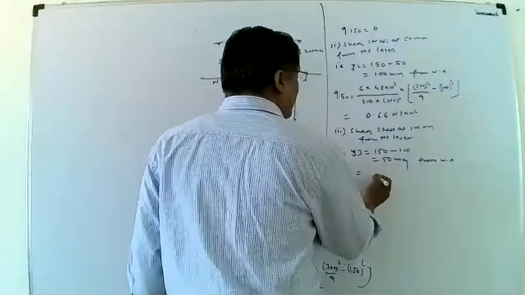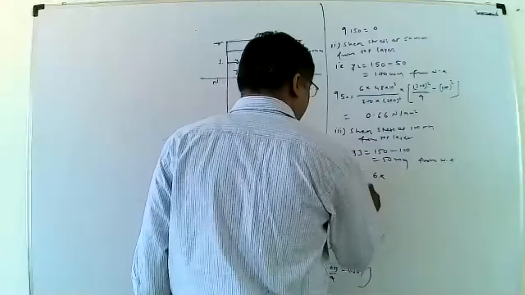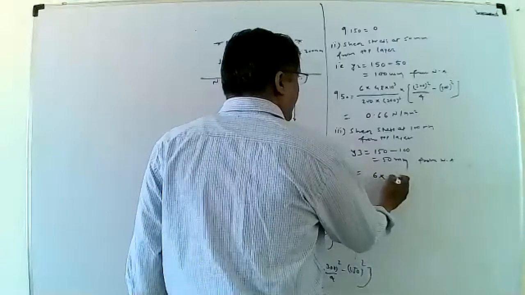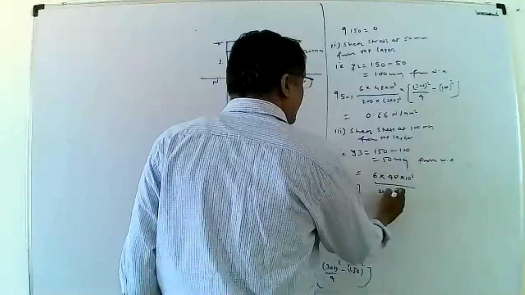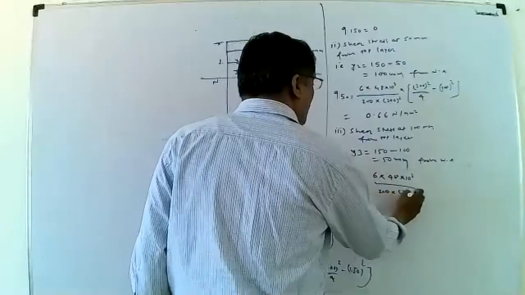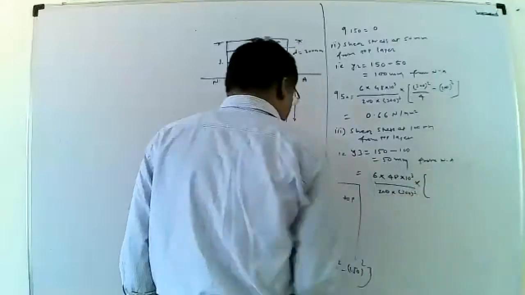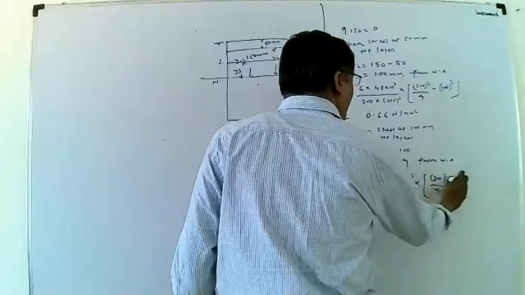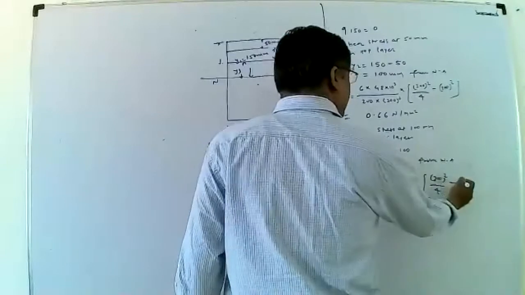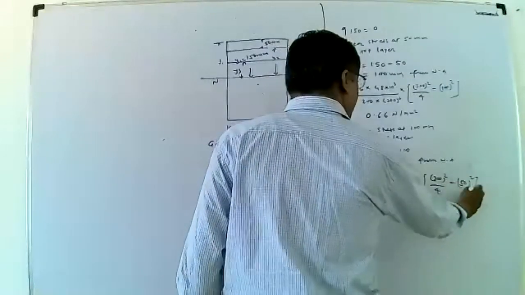Then here, the same formula is applicable: 6 into 48 into 10 raised to 3 divided by 200 into 300 cube into bracket 300 square divided by 4 minus the distance 50 square.